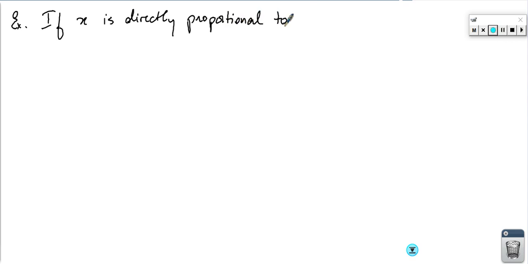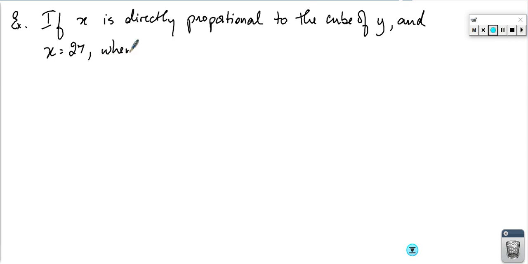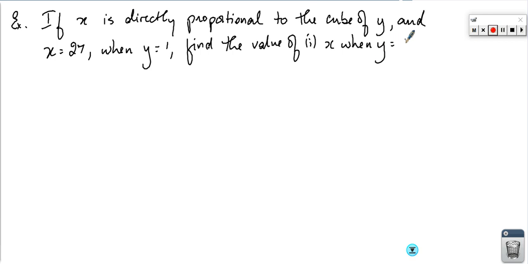So for example, if x is directly proportional to the cube of y and x is 27 when y is 1, find the value of 1, x when y is 100, and 2, y when x is 64.